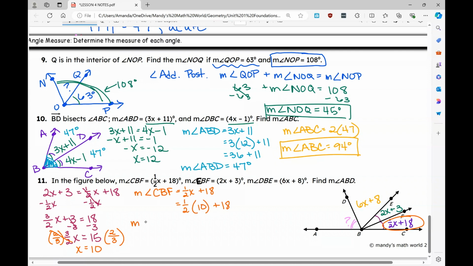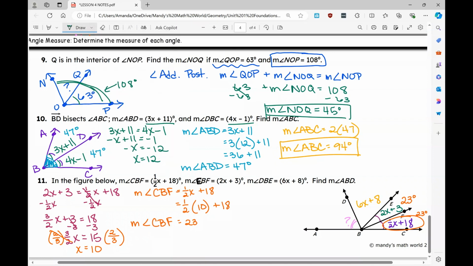So the measure of angle CBF, 1/2 times 10 is 5. 5 plus 18, what would that be? 23 degrees. So that means this is 23 degrees. That means this is 23 degrees. Why? They're congruent angles. Their angle measures are the same.